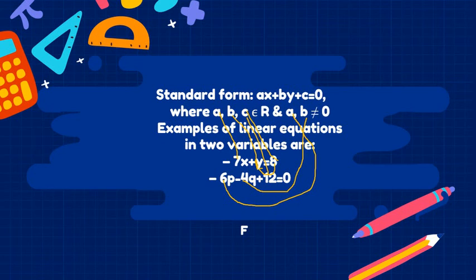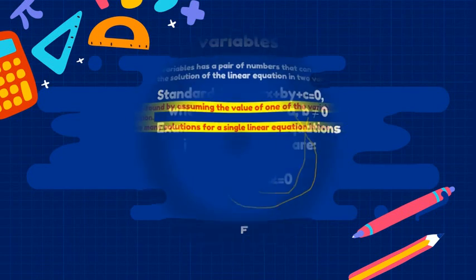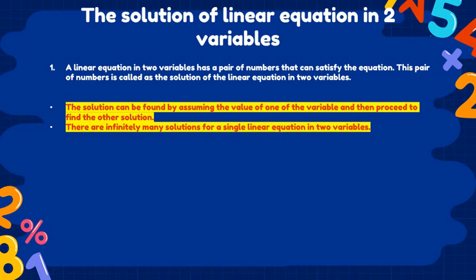Moving to the next slide. The solution of a linear equation in two variables. A linear equation in two variables has a pair of numbers that can satisfy the equation.